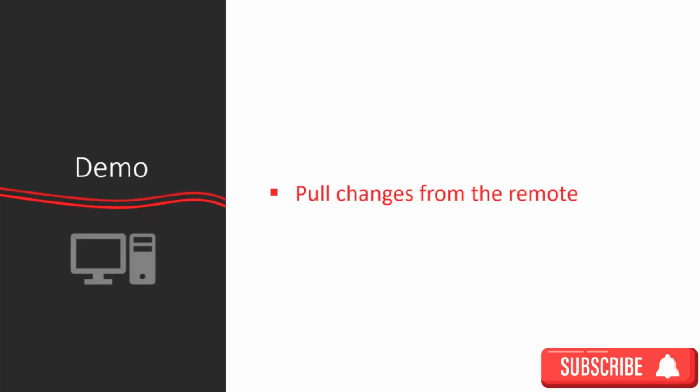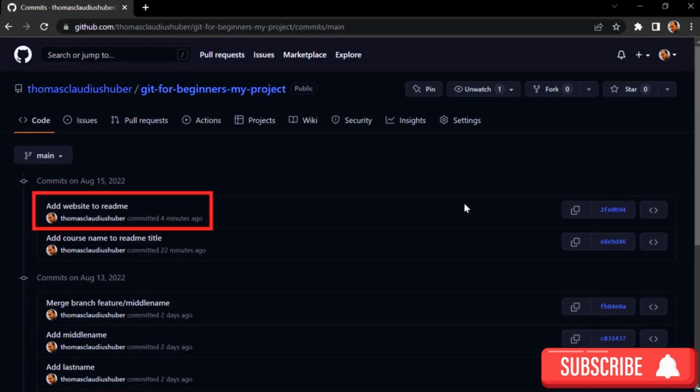In this demonstration, you will learn how to pull changes from the remote repository into your local repository. Let's switch first to my browser. In the previous clip, you created this add website to readme commit. Now let's switch to my command line.